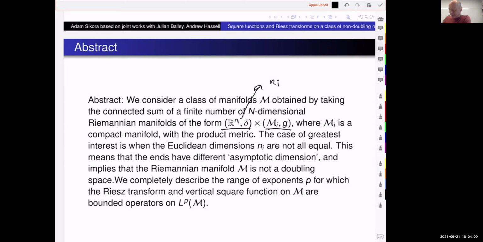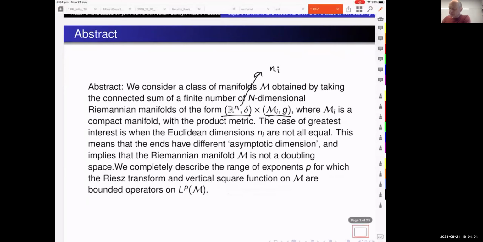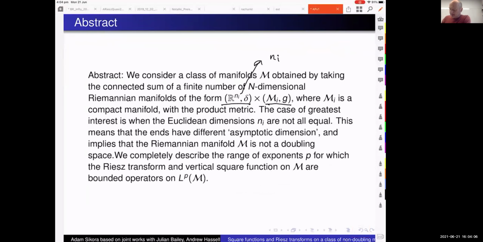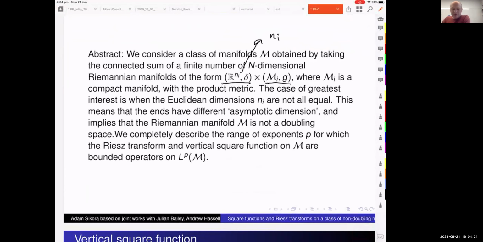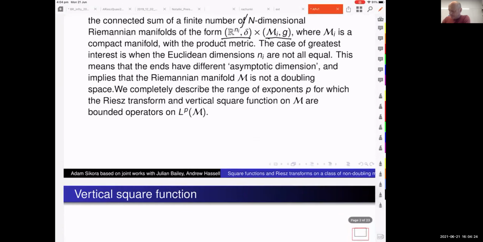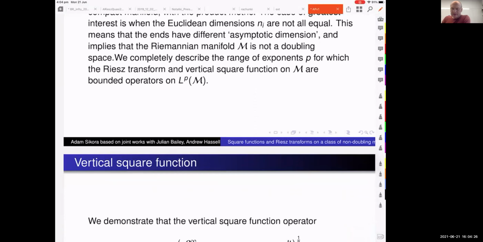So getting out of this condition is quite interesting. What we're going to do here is describe the range of exponents p for which the Riesz transform and the vertical square function, as well as the horizontal square function, which I forgot to add here, are bounded as operators on LP of M.